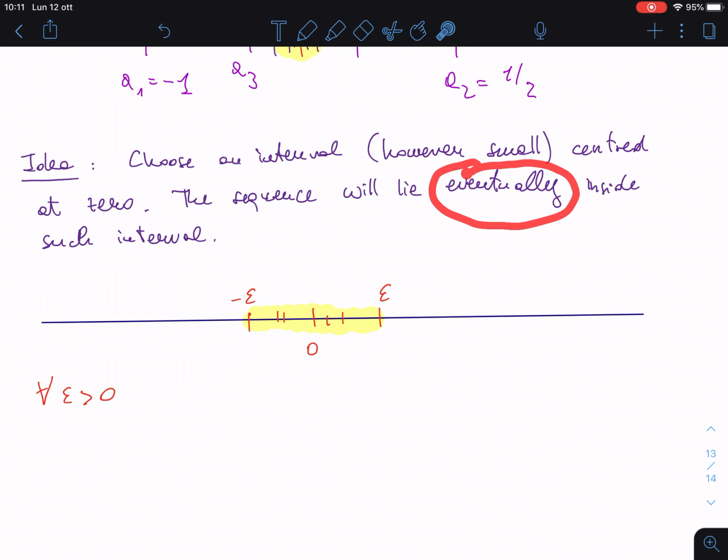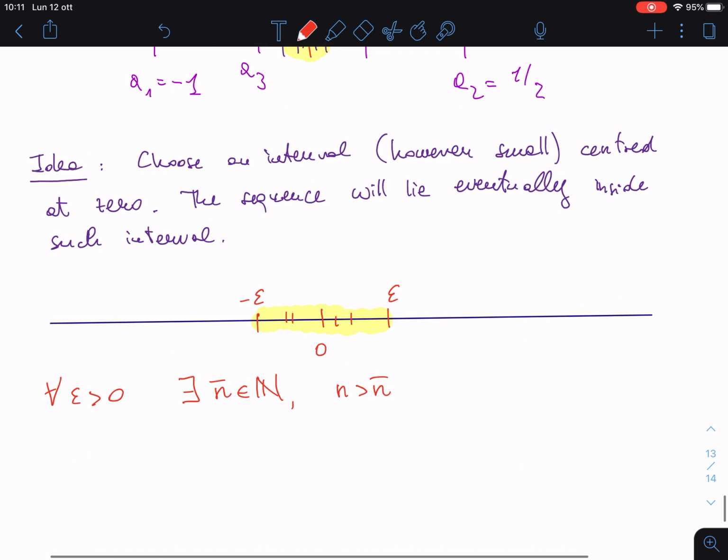Eventually means that there exists a natural index n bar, such that whenever n is larger than n bar, so after n bar, the sequence will fall here, which means that minus epsilon less than an less than epsilon.